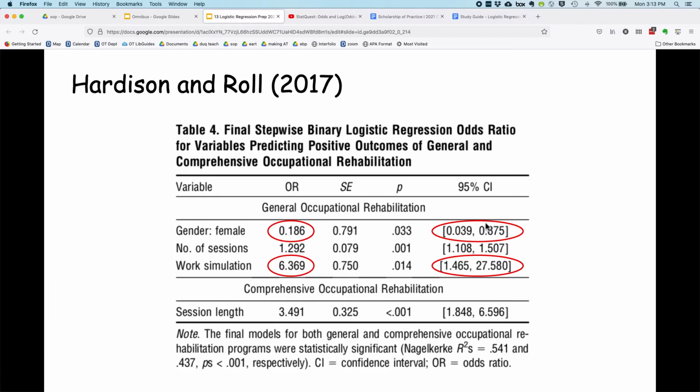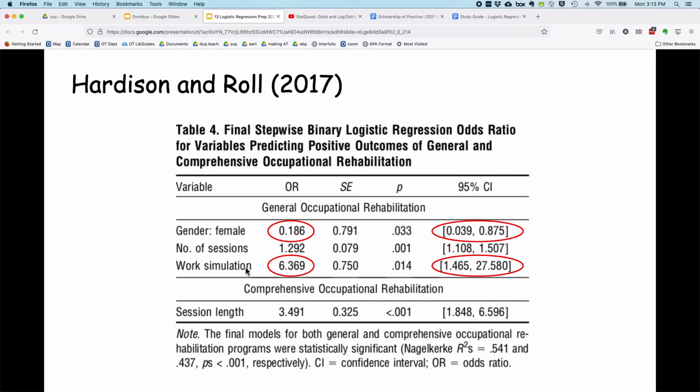And you can see from the confidence interval, the max is below 1, so they're 95% sure there's some effect, and that effect is somewhere in this range.